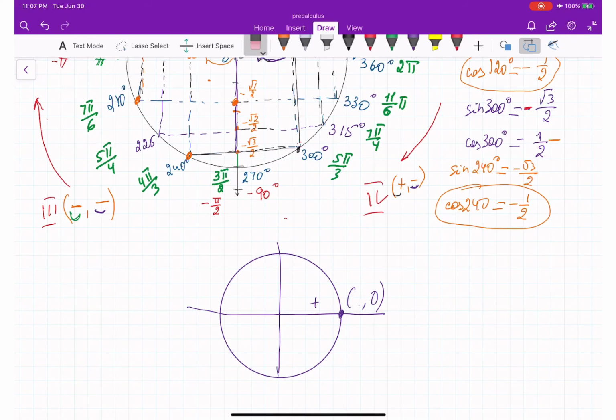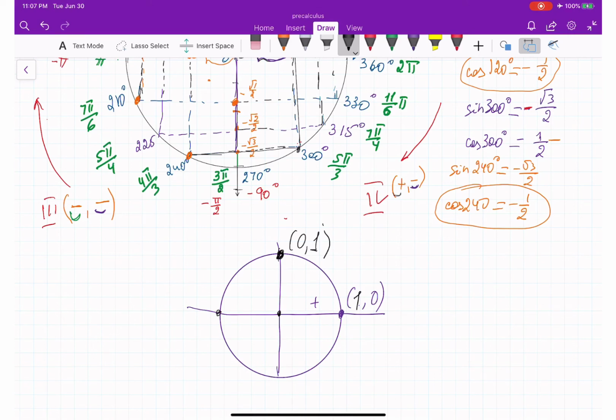This one is messed up. Okay, in this point, cosine is 0, sine is y, because cosine here is 0, it doesn't have any cosine, and sine is your y.